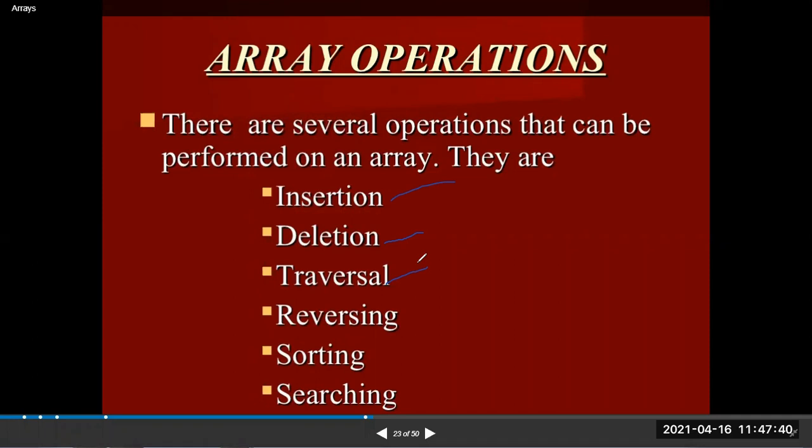Similarly, searching means we have to search whether the element is present in the given array or not. Here we are using linear search to find the elements in the given array. So these are the operations performed on the given array.